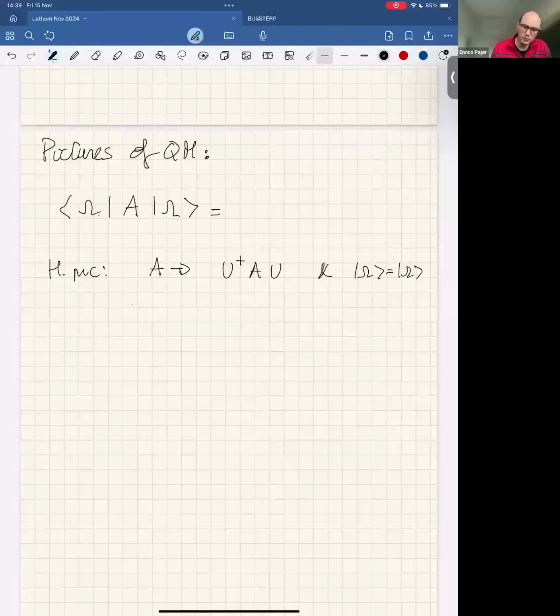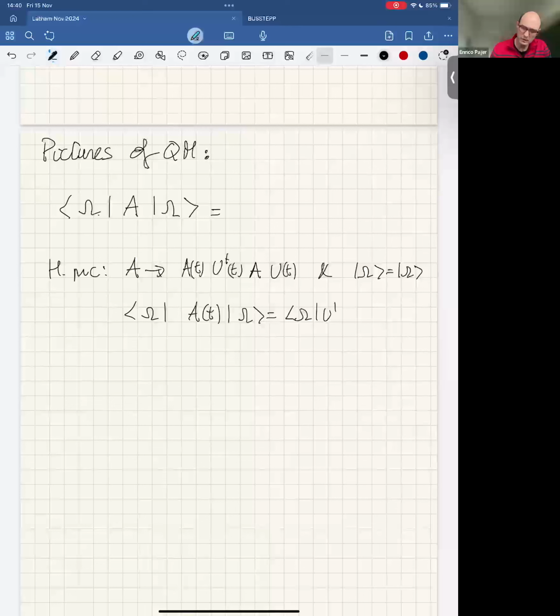So what you're computing is omega. Now let's think of U as being the one that implements time evolution. So now you are computing the expectation value of A of t, which is just the expectation of omega, U dagger A U, omega.